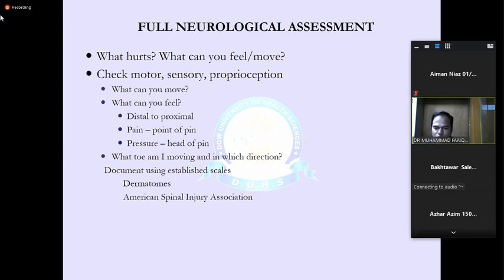Protrude your tongue, move your finger, squeeze my finger, raise your hand, move your toes. These are simple commands just to make an impression whether the patient may or may not have a spinal cord injury at a certain level.